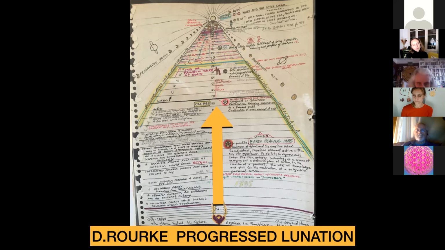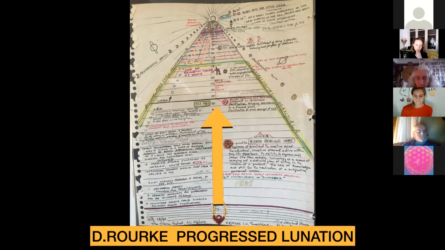I created that particular image October 28th, 1984. And this is important. The grid that we have, the horizontal lines, each one is a degree within the lunation structure.